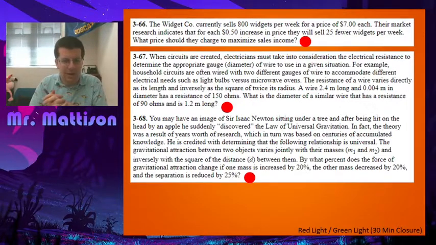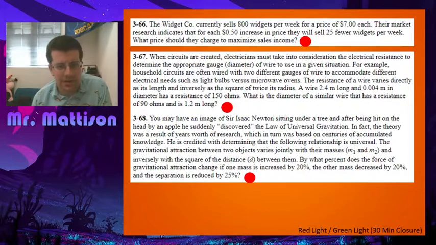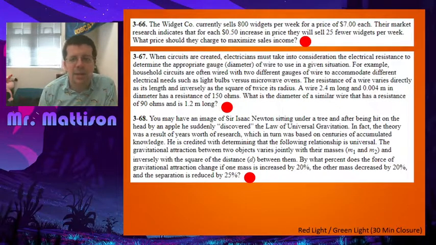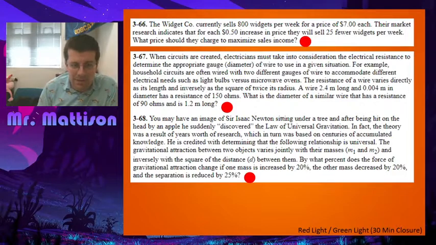So this is going to start to introduce us to direct and inverse variation. There's some flavor stuff on top, but the meat of it is: we have a wire, and the resistance of the wire varies directly with its length and inversely with the square of twice its radius.